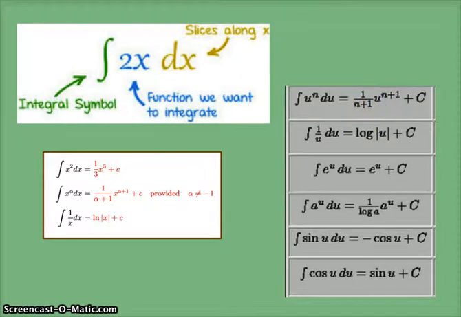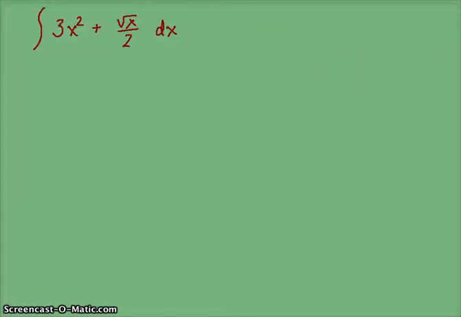So let's do an example using our basic integration rules. What you might want to do when you're starting out, just to feel good about this, is chunk it up. What we're going to do is convert root notation to exponential notation.